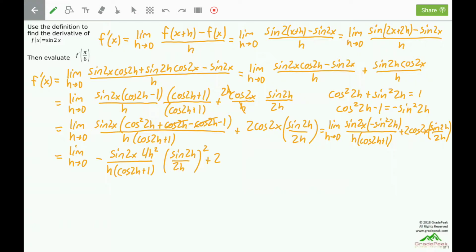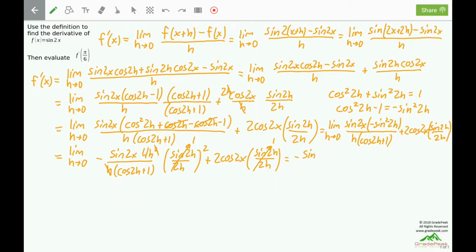And I have plus 2 cosine of 2x times the sine of 2h over 2h. As h goes to 0, the sine of 2h over 2h, those are going to become a 1. Now from this first fraction, I can cancel one of the h's out. Each of these will become a 1, so I can put a 1 in them. And all remaining h's, I can now put a 0 in their place.